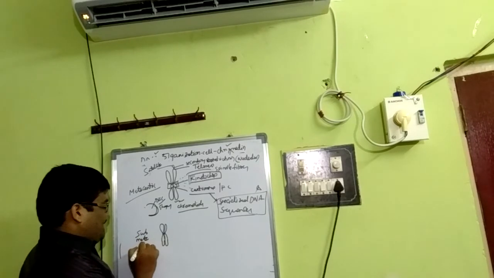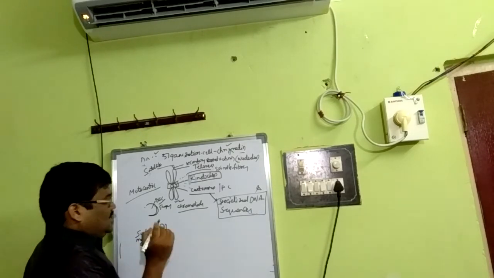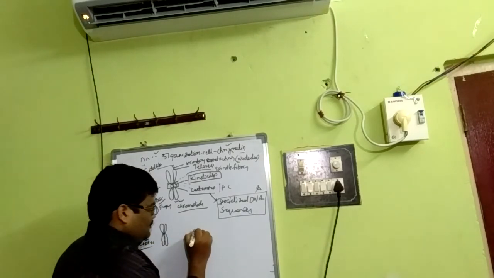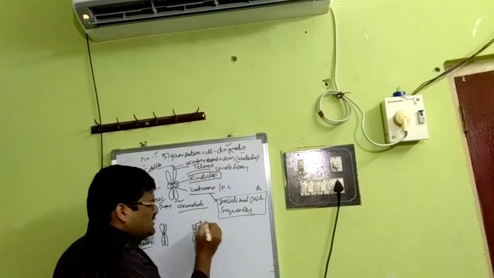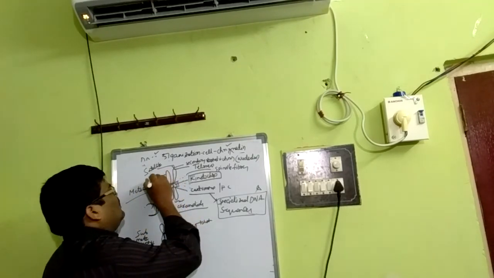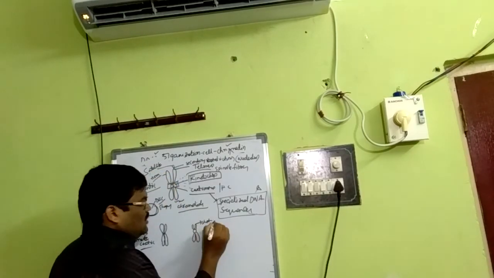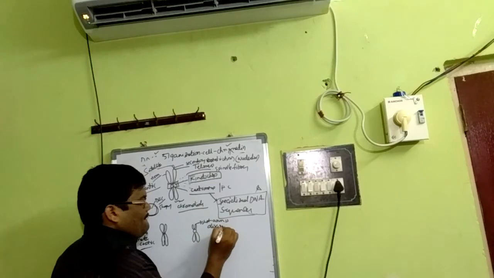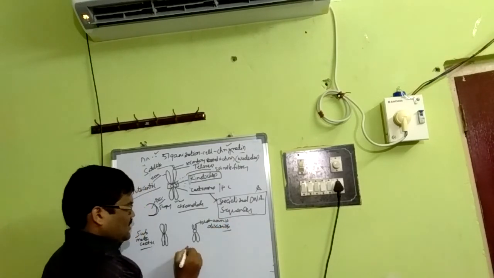Submetacentric. Then we have acrocentric. The centromere is present near one end of the chromosome so that the short arm becomes discernible. This is acrocentric.